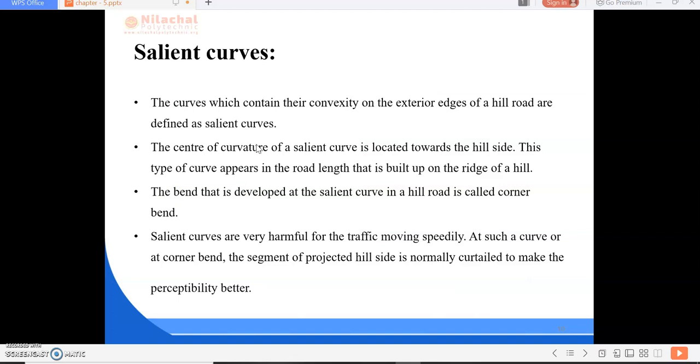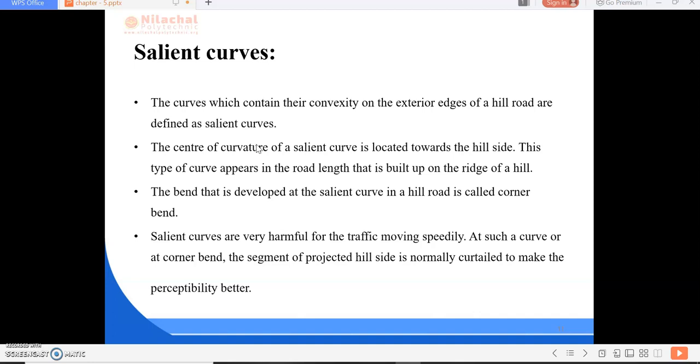Simple bend or curve. Next one is salient curve or salient bend, and it is also called a corner bend. So the curves which contain convexity. I have told you before that here we are using the terms convexity and concave. Okay.